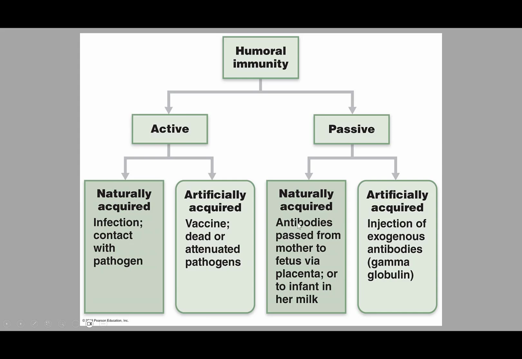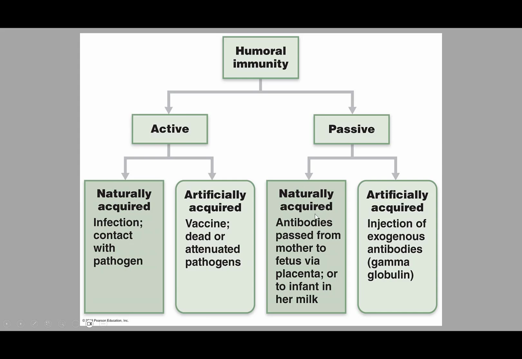That is naturally acquired because mom is carrying the baby naturally. If mom breastfeeds the baby after it's born, some of her antibodies are also in the milk that she produces, and those enter the baby and circulate, providing even longer immunity.